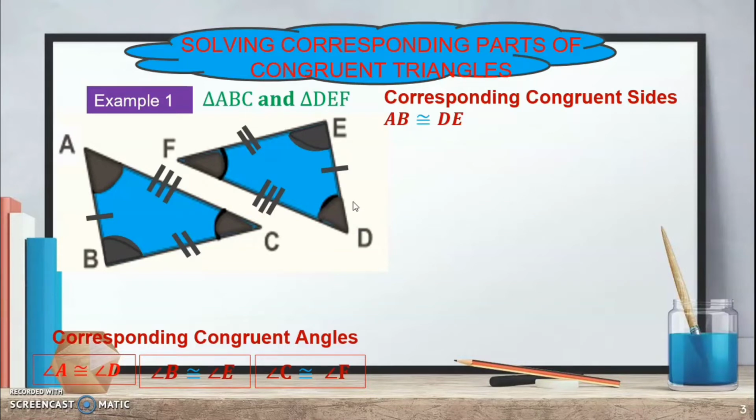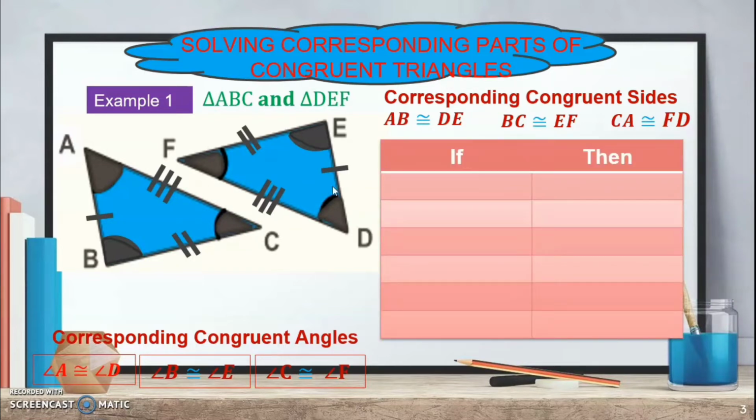As you can see, meron tayong mark. Kung sila yung mag-congruent, magkapareha yung mark. Side BC is congruent to side EF. The last side is side CA, congruent to side FD.